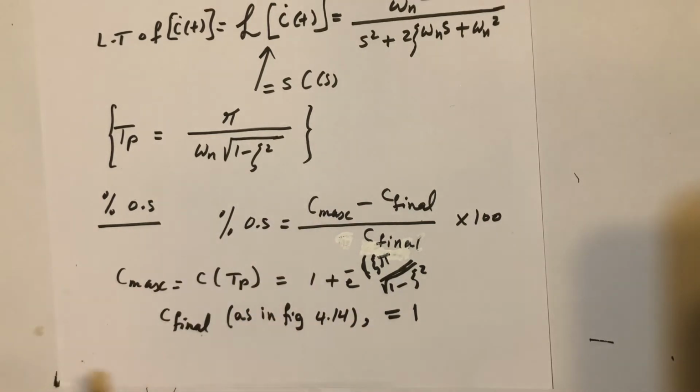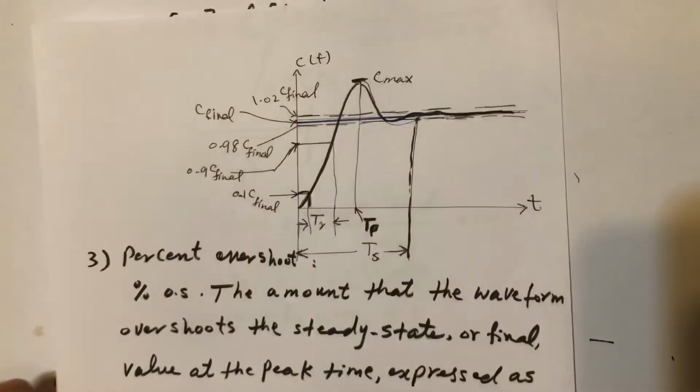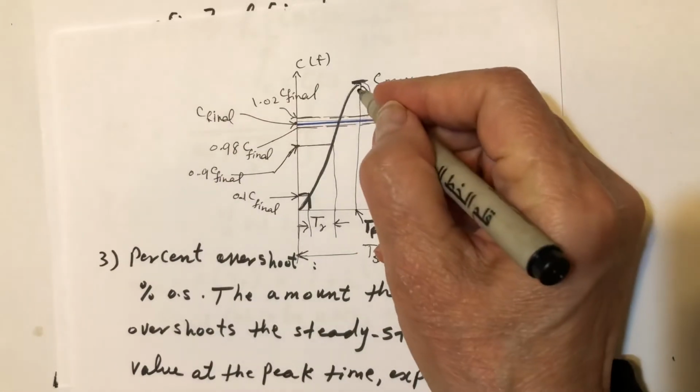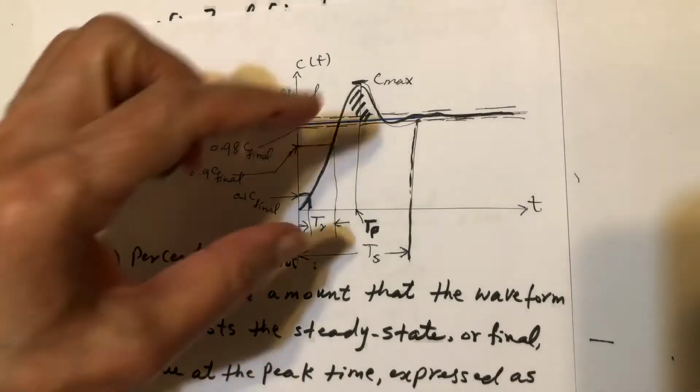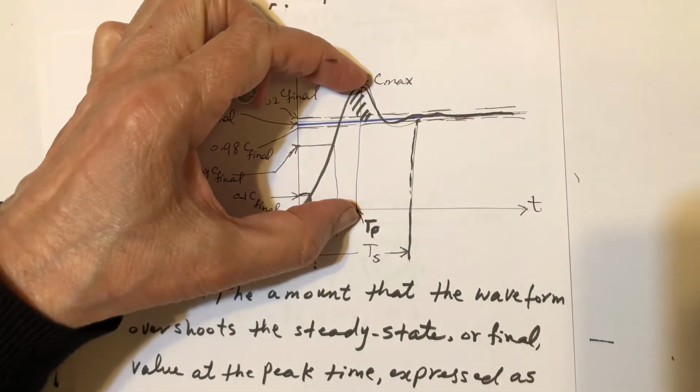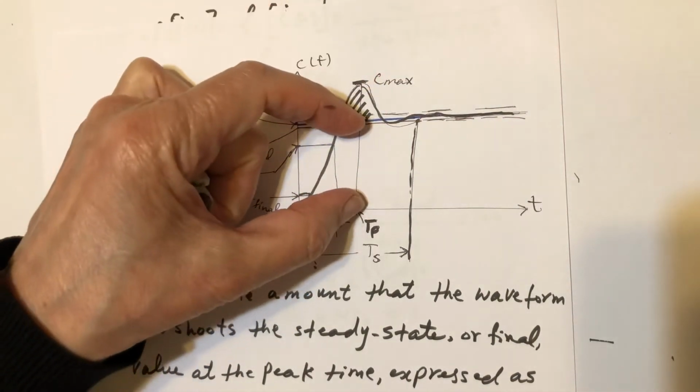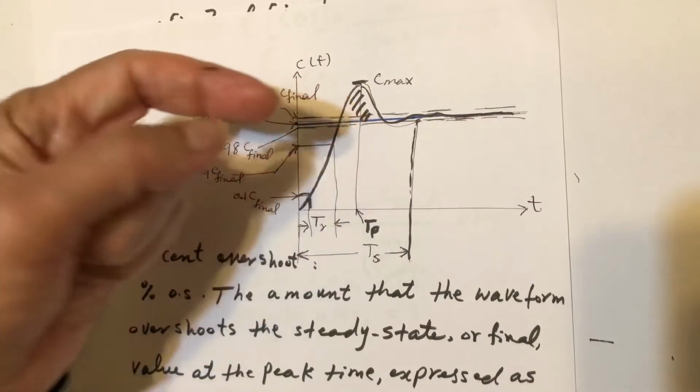Okay. Now percent overshoot equals C max... I'll go back with you to the figure. The percent overshoot here, I want that, okay? It's the whole lot here, C max minus C final over C final.